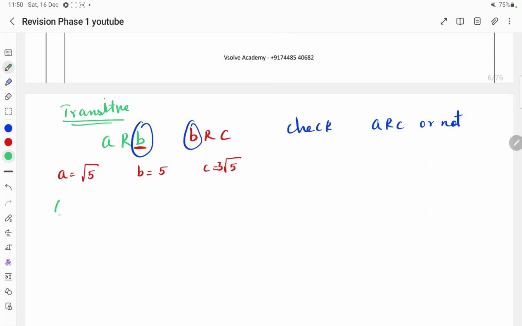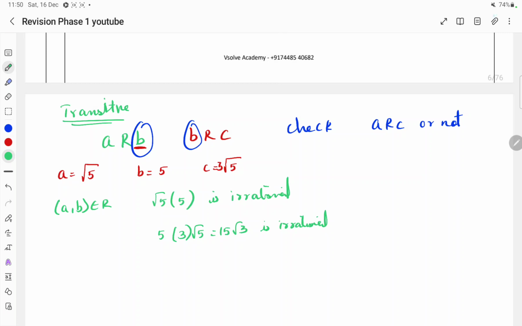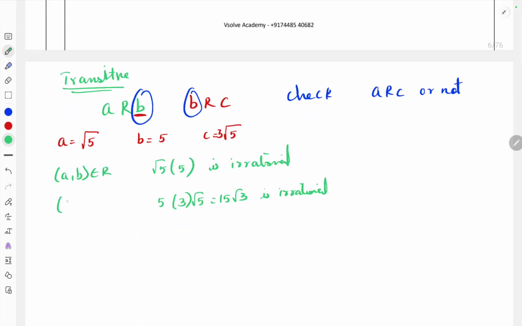Now if we check, A comma B belongs to the relation, because root 5 into 5 is irrational. And 5 into 3 root 5, which is 15 root 5, is irrational, which means B comma C also belongs to the relation.